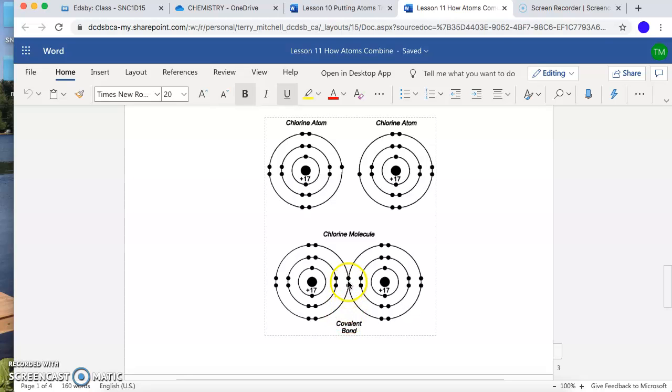You can see here that they actually share electrons. So we now have 8 in this outer orbit and 8 in this outer orbit, which makes both of these atoms happy. In reality, what's happening is they are sharing these electrons here.